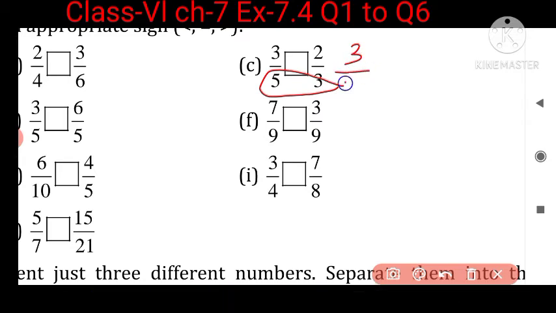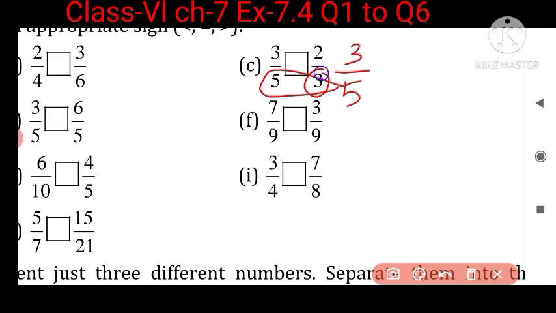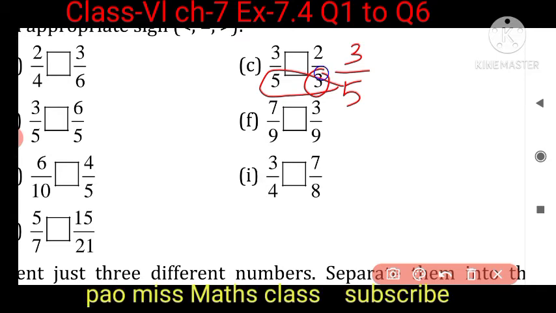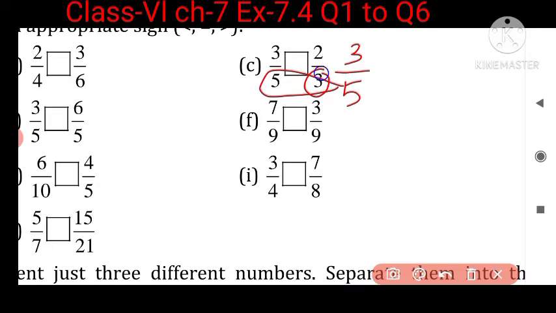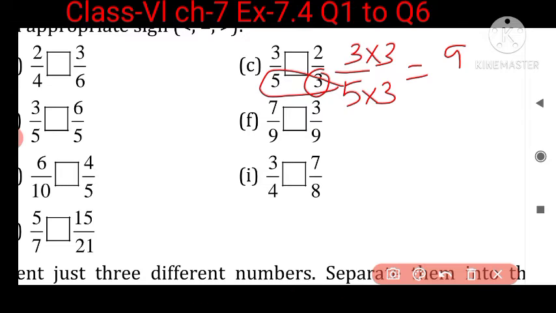You will multiply 3 upon 5 with 3, because they are already in the least fraction. That means with 5 you will multiply with 3. Then what we got? 9 upon 15.